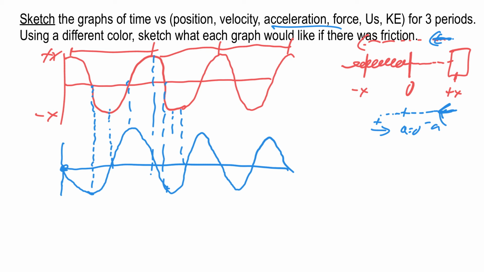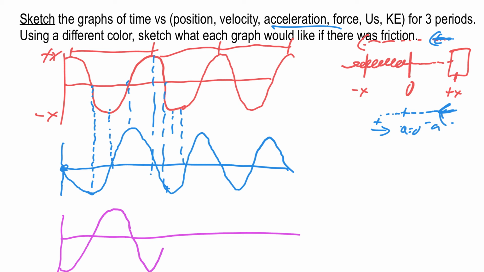So we start off with negative acceleration, maximized, we go to 0, and then we have a positive acceleration, right? So basically this is going to look just like the x graph, except inverted. It's going to be the exact inverse of the x graph.